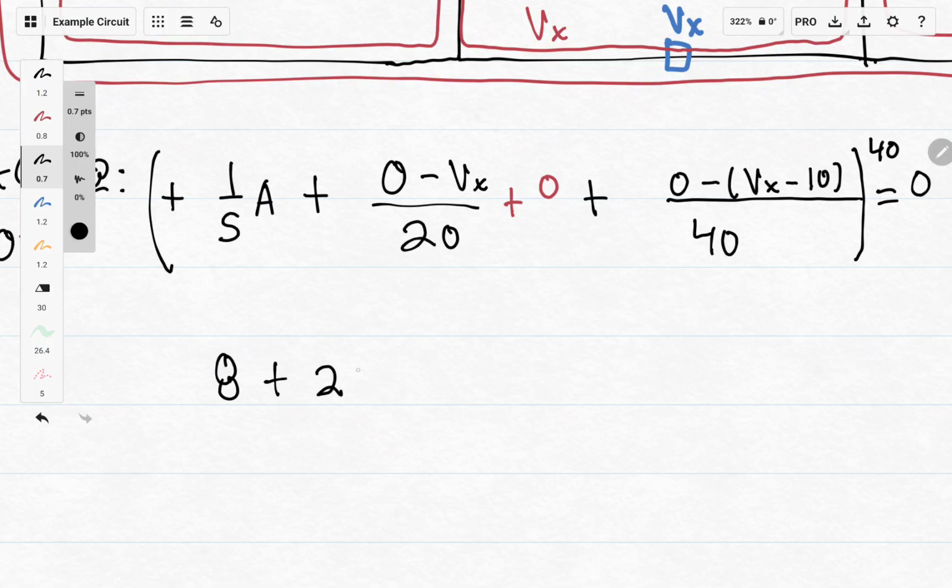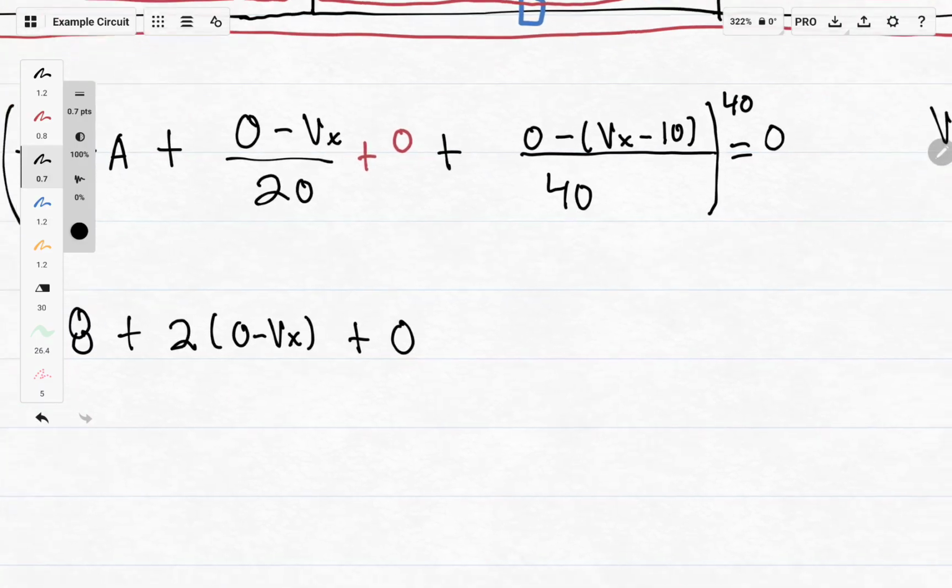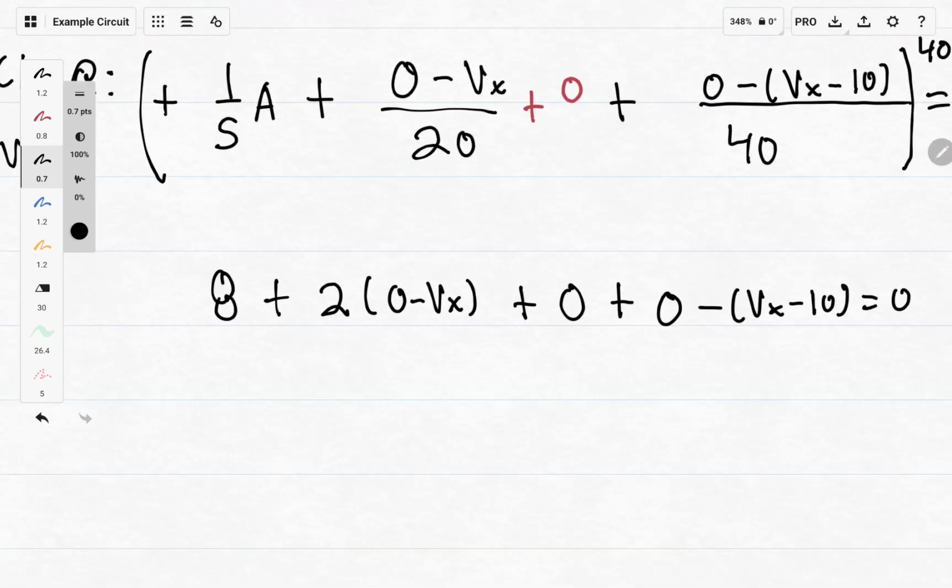So that would be 2 times 0 minus Vx. And next 0 stays the same. And next we do plus, and because it's 40 divided by 40, which is 1, you don't multiply anything for it. So it'd be plus 0 minus Vx minus 10, which would equal 0.